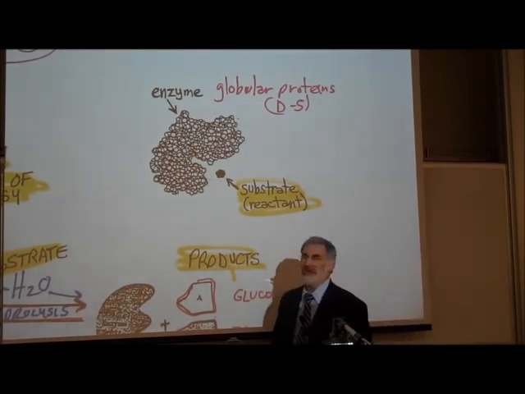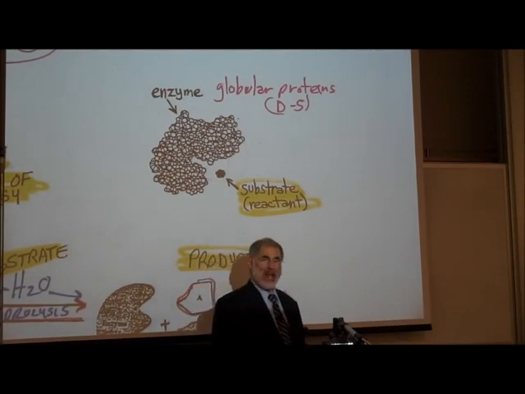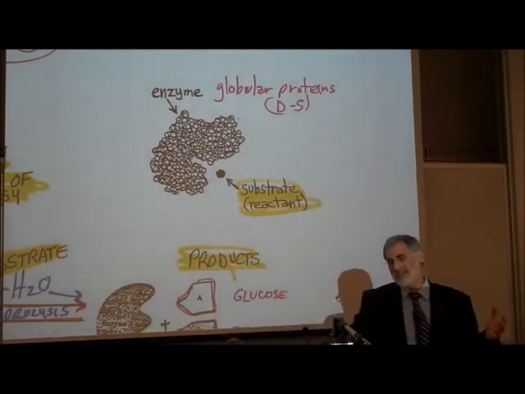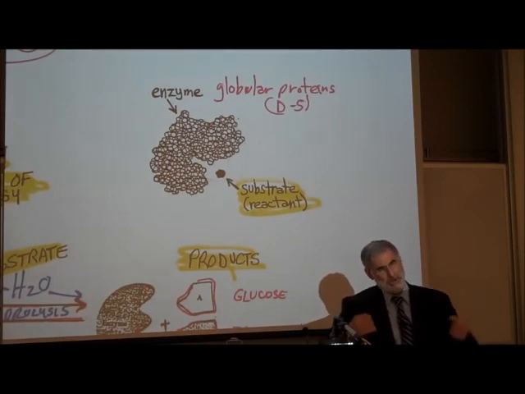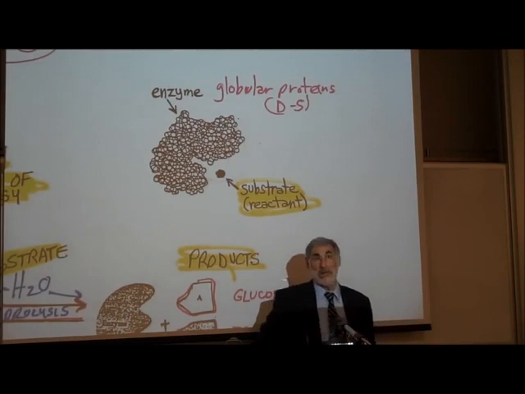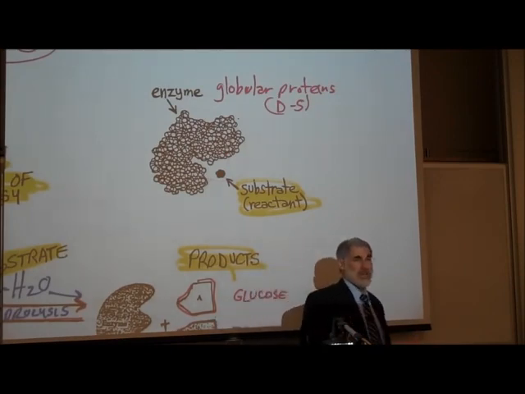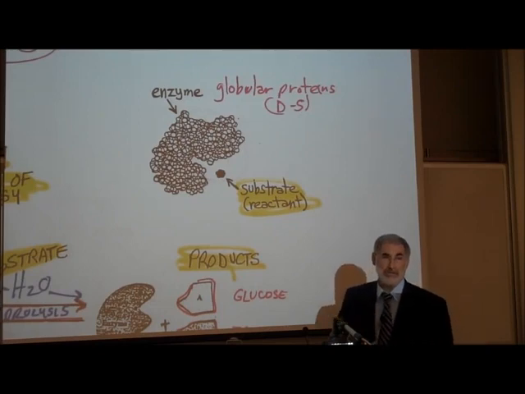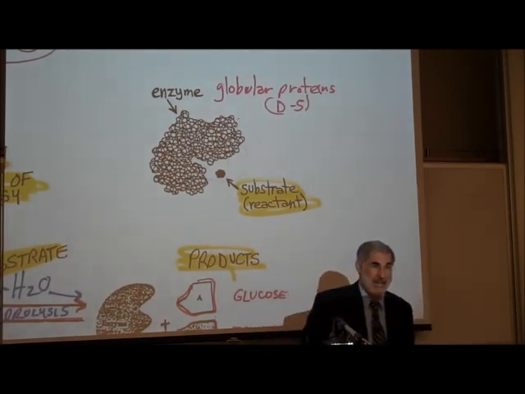There are thousands of different types of biochemical reactions occurring in the different cells of our body. We have different biochemical reactions occurring in our muscle cells, in our liver cells, in our brain cells, in our kidney cells.